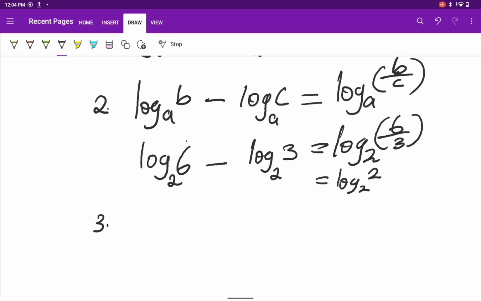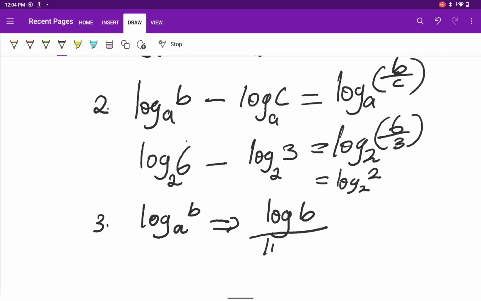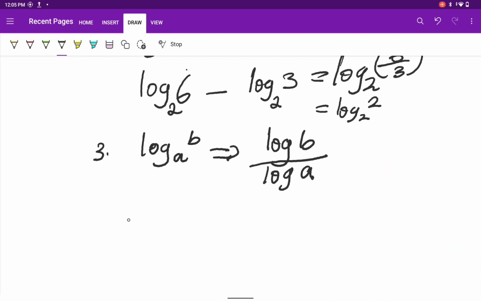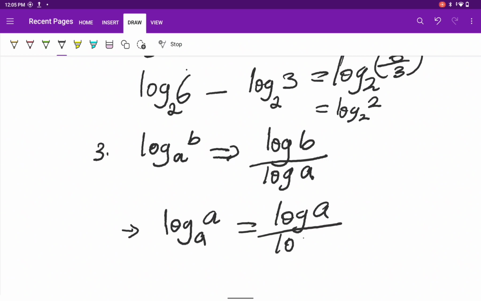Right, the other thing that I want us to look at is that log of b base a can be written as log of b divided by log of a. Therefore, this brings us to the law that if we have log of a base a, this will be the same as log of a divided by log of a, which is actually 1.